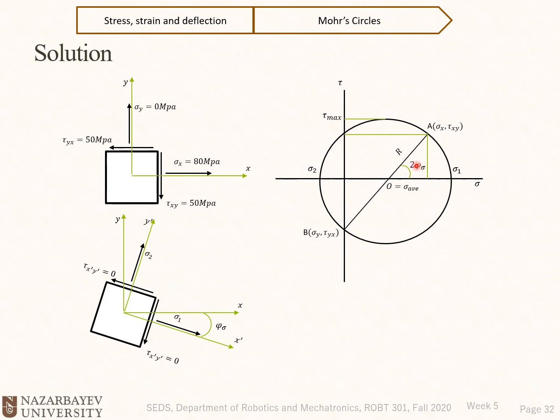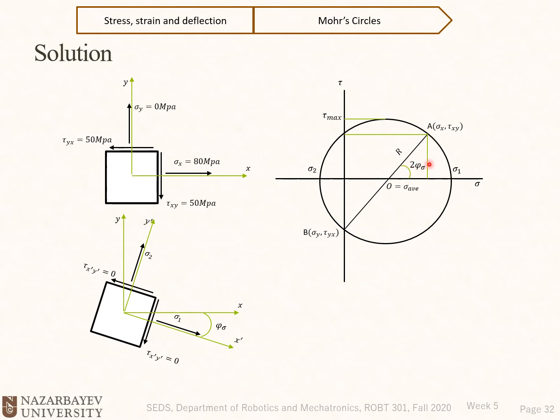As we said, all the angles in the Mohr circle are double the real angles. So we need to calculate these two phi sigma from the Mohr circle. How could we do that?